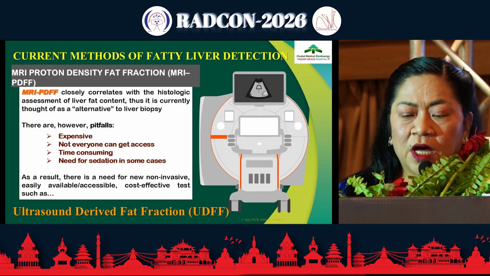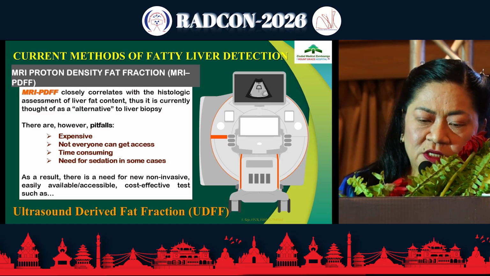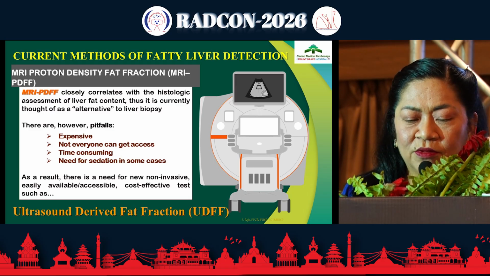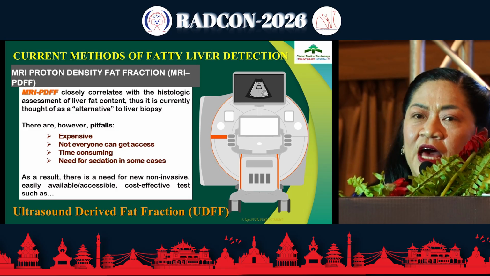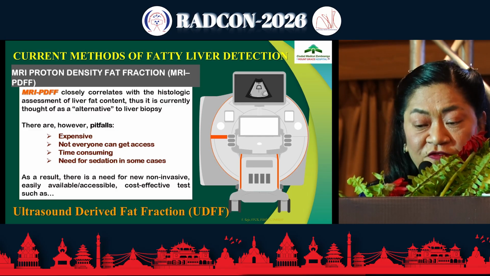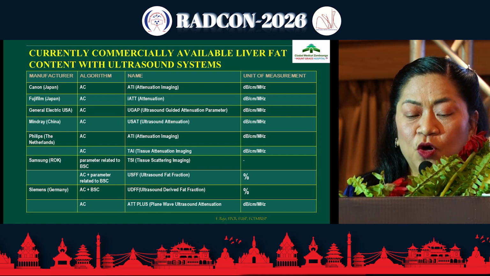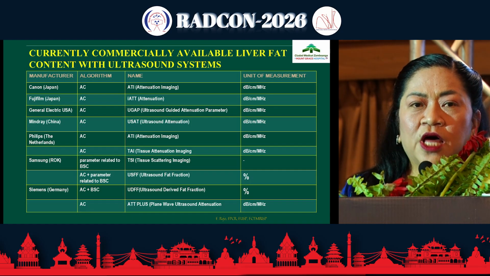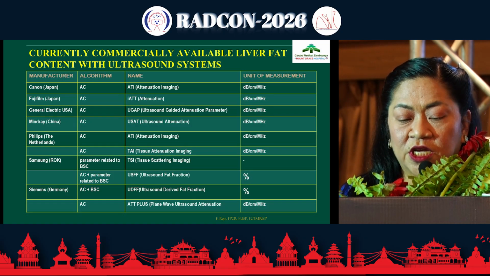And then this UDFF, which is comparable to MR-PDFF. And then other companies have now also shifted. I think there's also Samsung and GE who've started giving it in percentage. So the other one is not in percentage, but this one is in percentage.